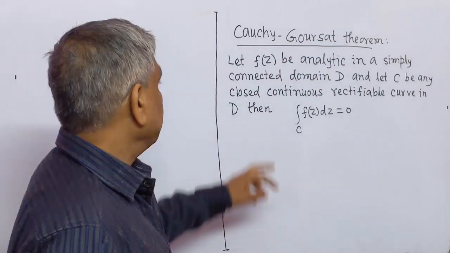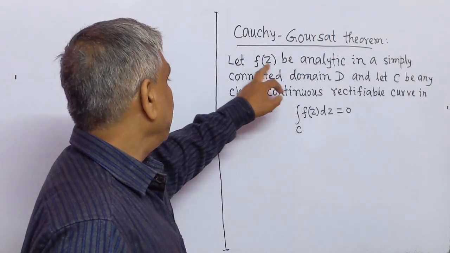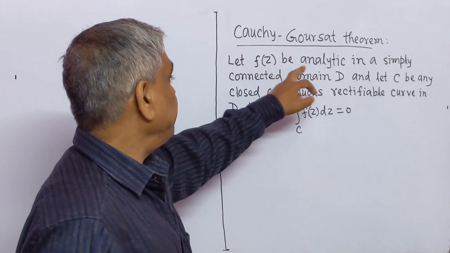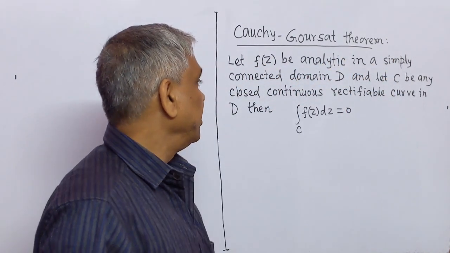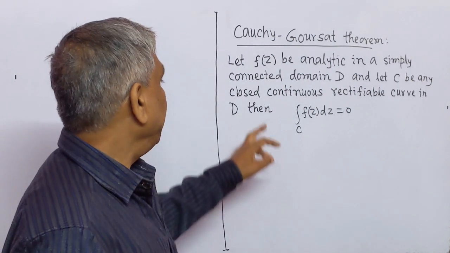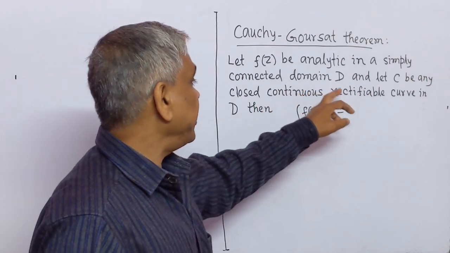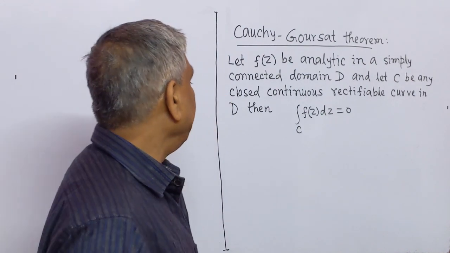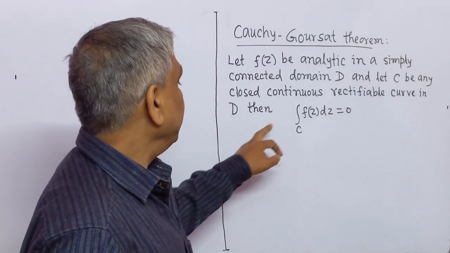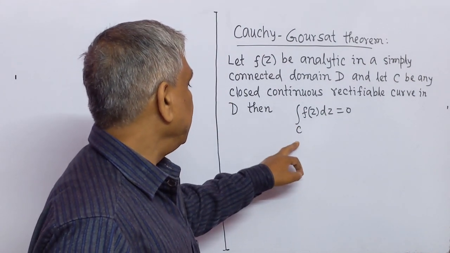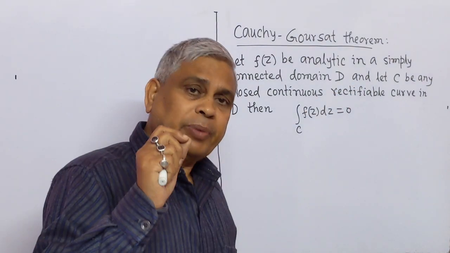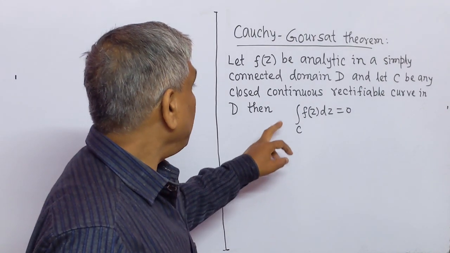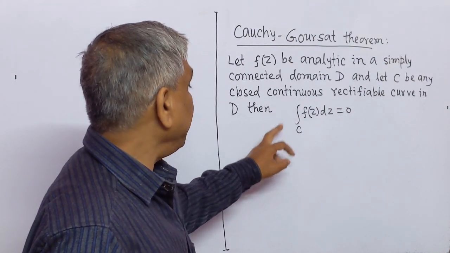Before starting Morera's theorem, we need to state Cauchy-Goursat theorem. Cauchy-Goursat theorem is: let f(z) be analytic in a simply connected domain D and C be any closed continuous rectifiable curve in D, then the integral along C of f(z) dz equals 0. But the converse of this theorem does not exist.